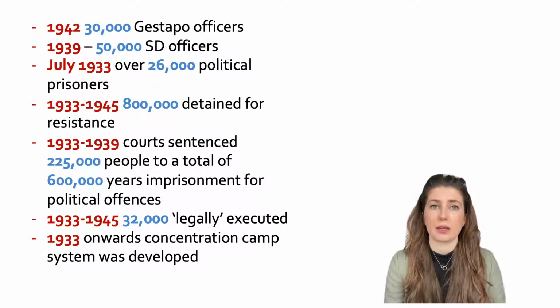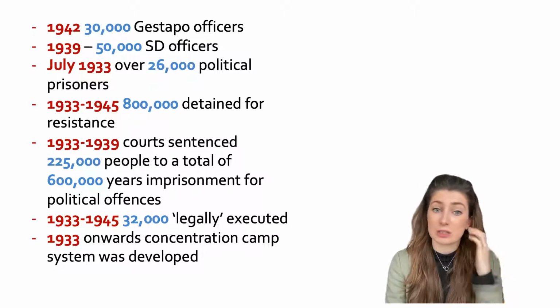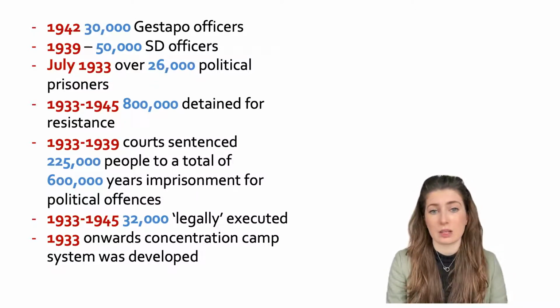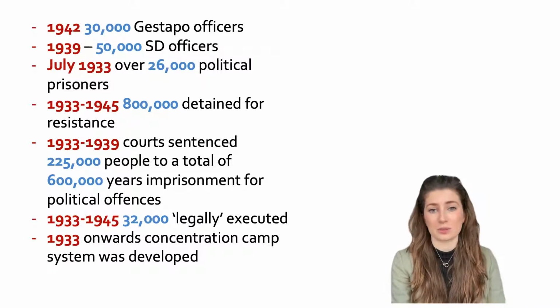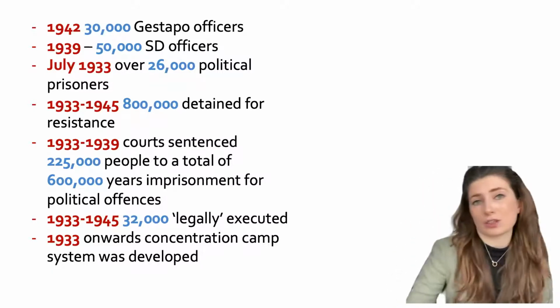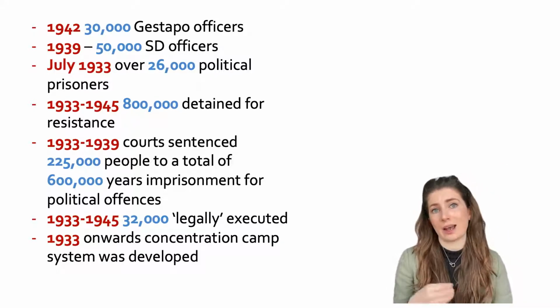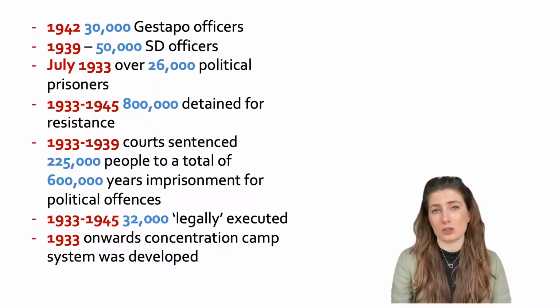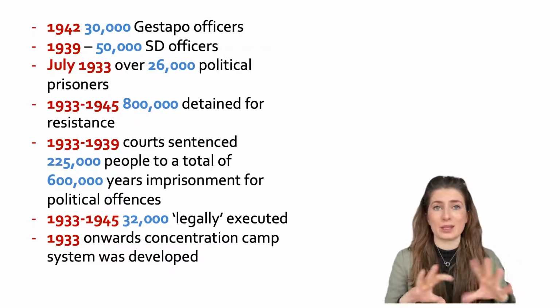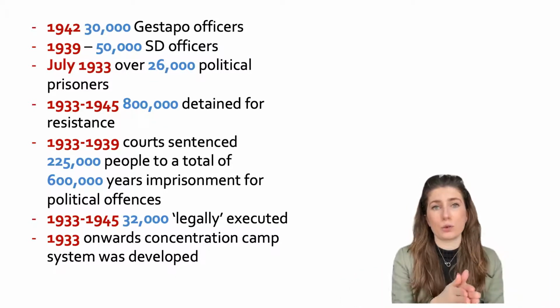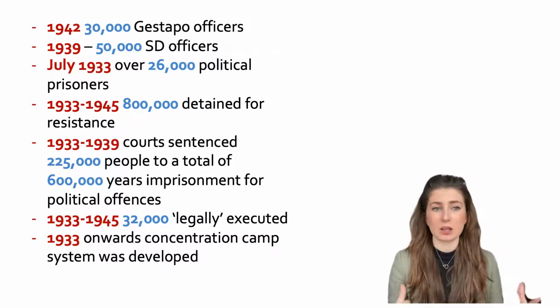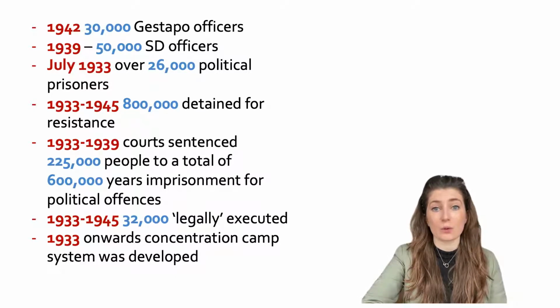July 1933, over 26,000 political prisoners. And from 1933 to 1945, 800,000 were detained for resistance. That shows the effectiveness of the police force in terms of ensuring and creating conformity to the regime, being that repressive body to force conformity. 1933 to 1939, the courts sentenced 225,000 people to a total of 600,000 years imprisonment for political offences.